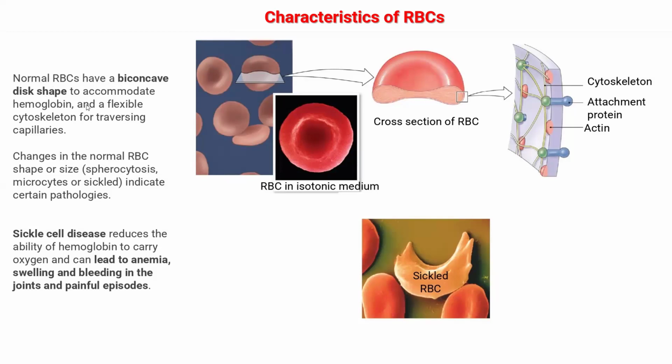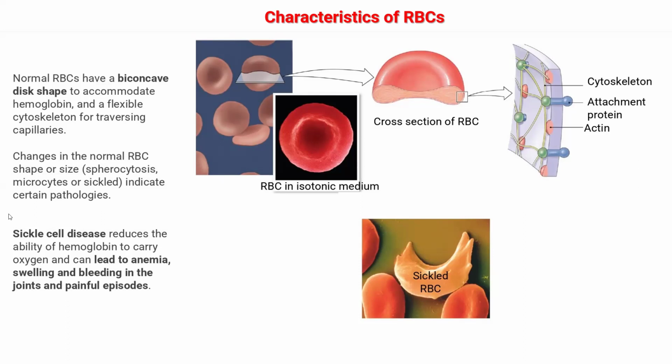Why? So it can traverse through the capillaries. Otherwise, it will be destroyed. Changes in the normal red blood cell shape or size sometimes result in spherocytosis, which is a more rounded shape of the RBCs, not like the biconcave shape.